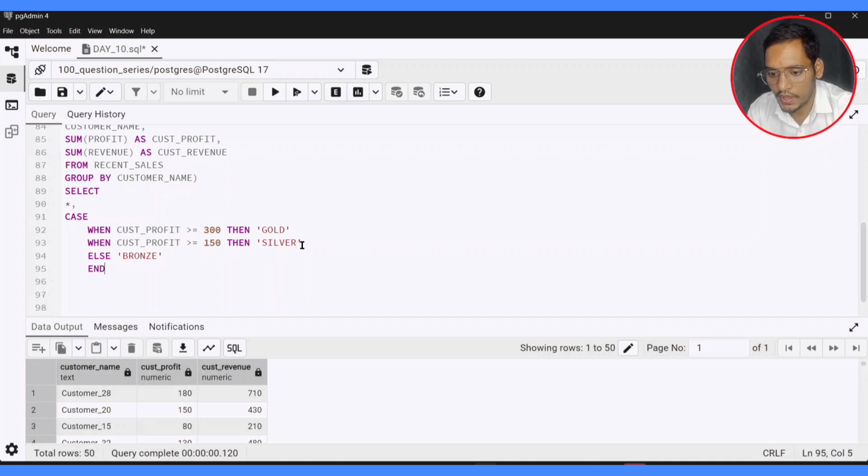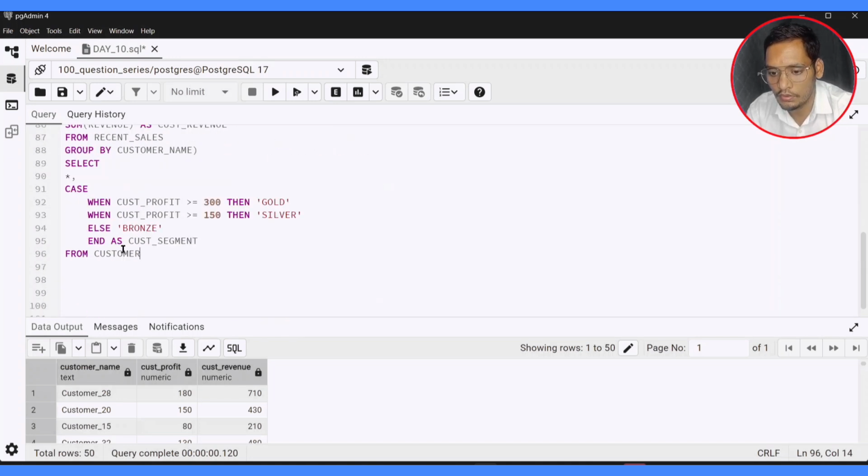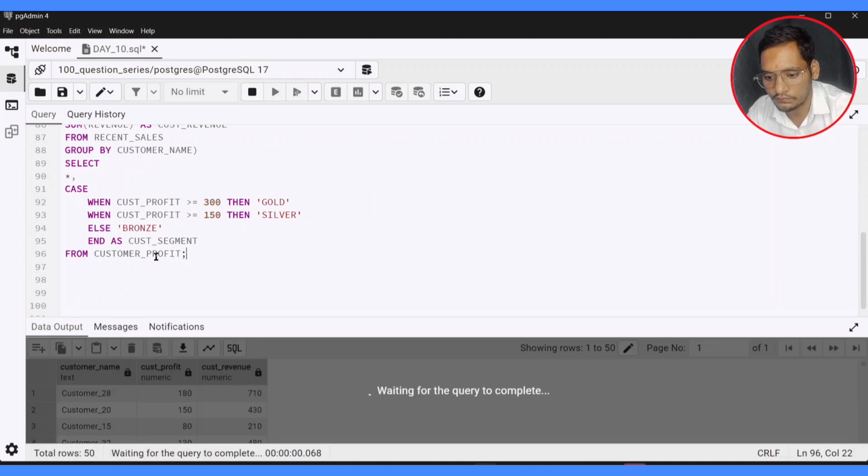Then use end as customer segment, from the customer_profit table that we have created. So let's run this query here.